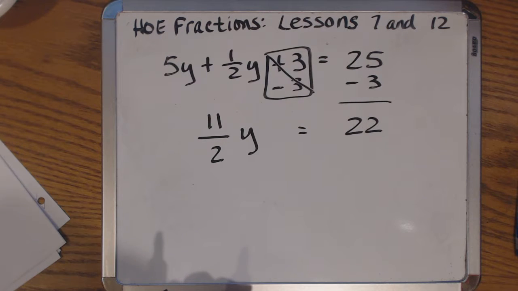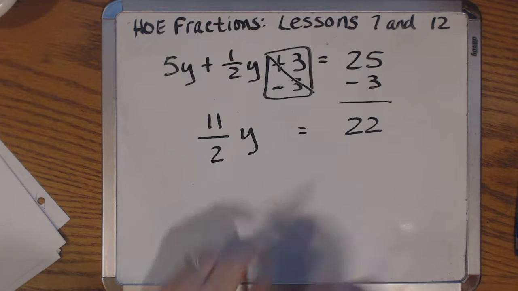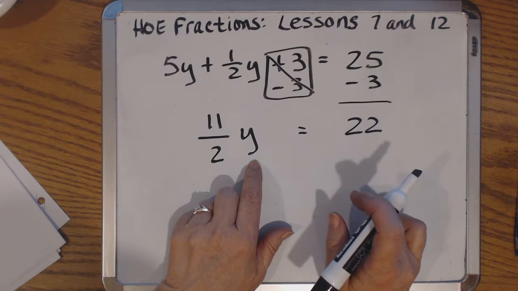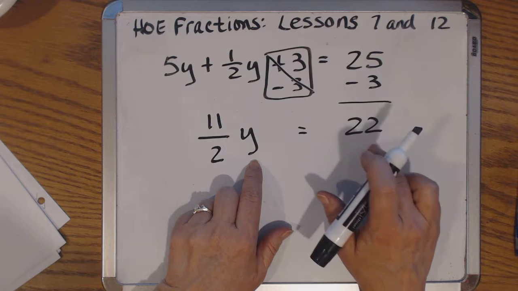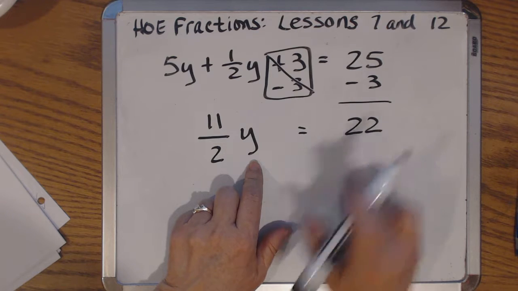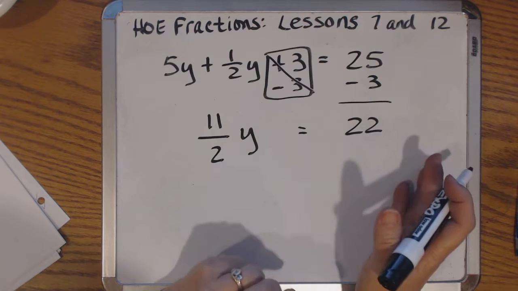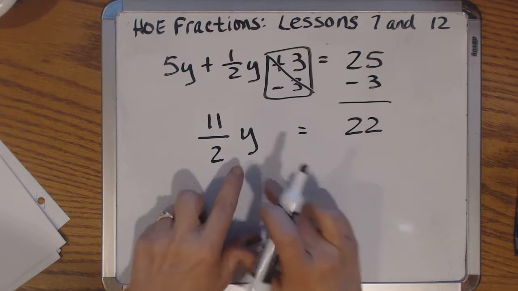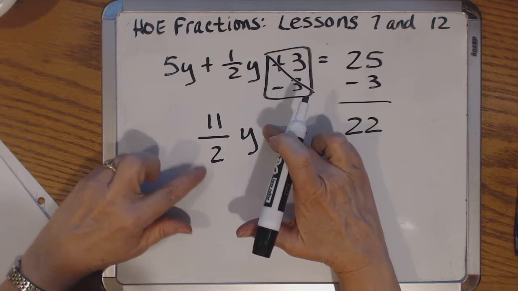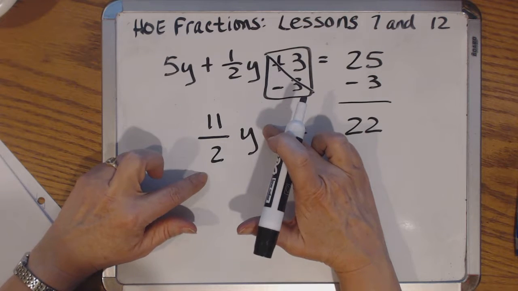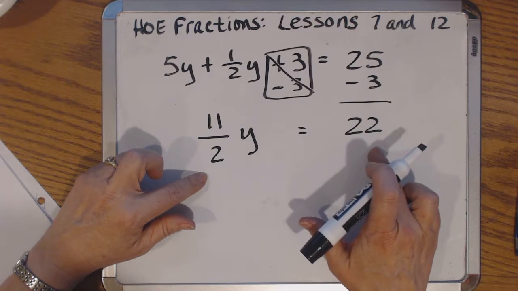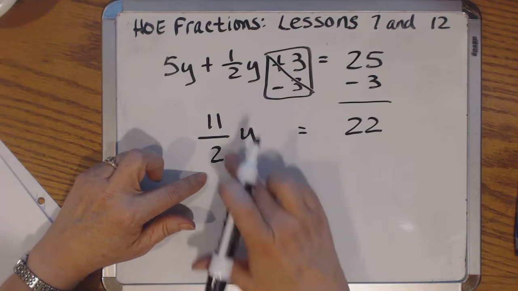Okay? So here I have to think, really, y is a number that if I multiply it, I'm going to get 22. I have a couple of different ways I can do this. I could just do this logically. If I multiply it by 2, the 2 is going to cancel with the denominator, and I'm going to get 11. So I can logic my way into thinking, well, this has to be a 4.